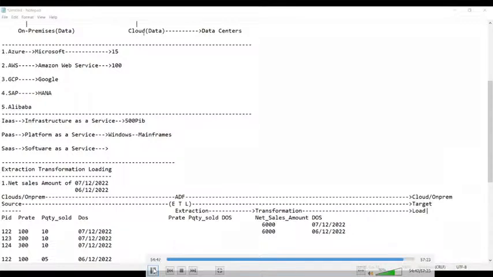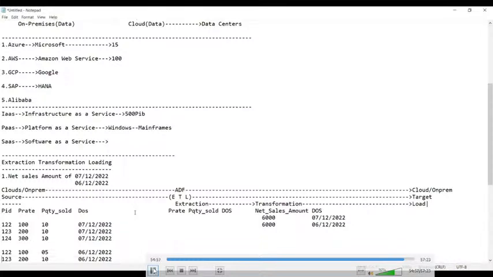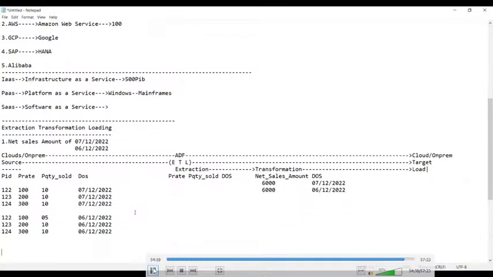Job opportunities are there, and obviously cloud is the future. The job market is very good.